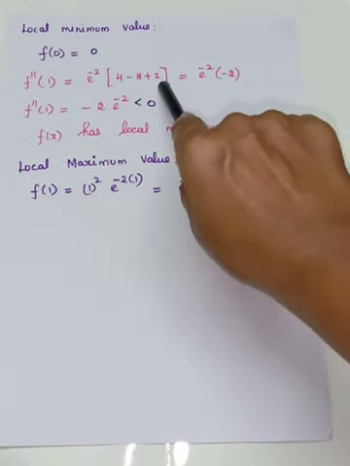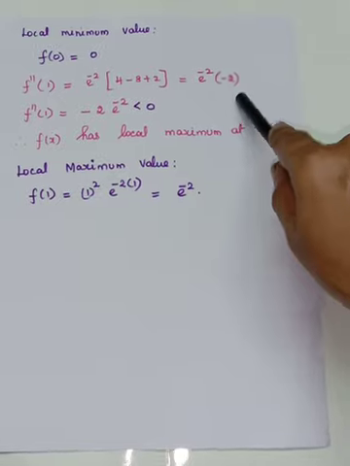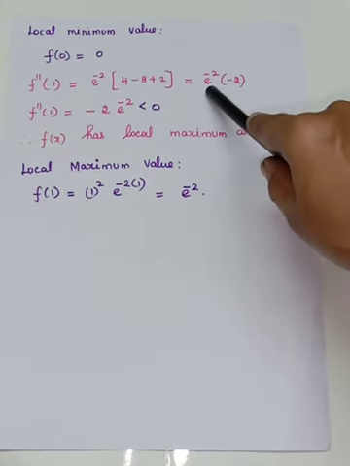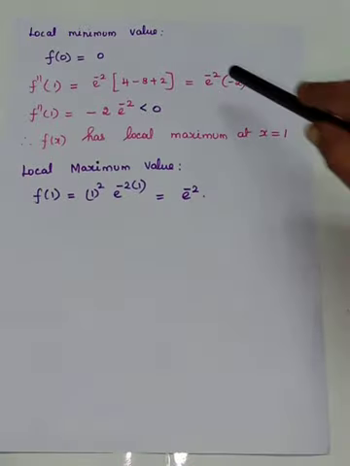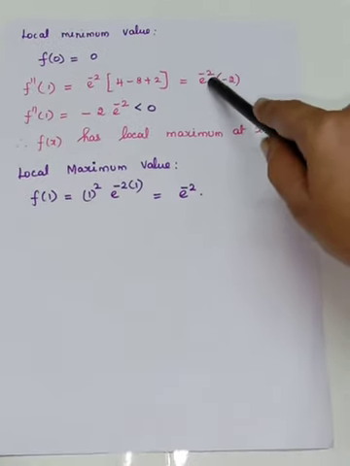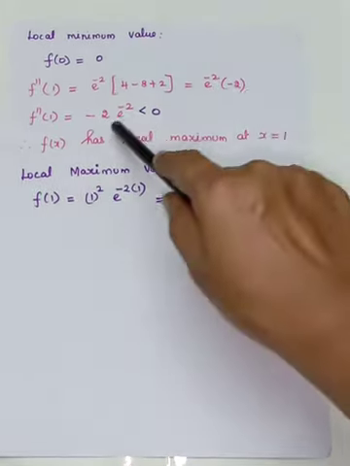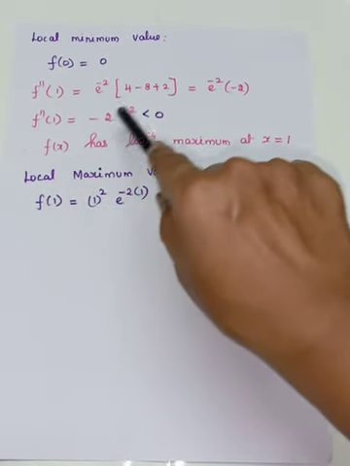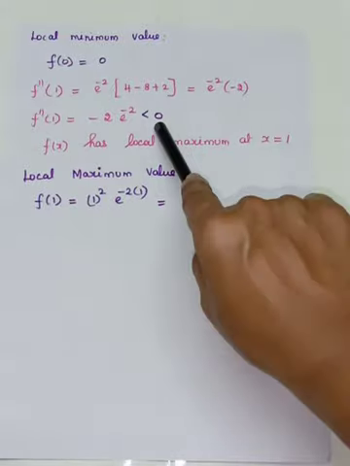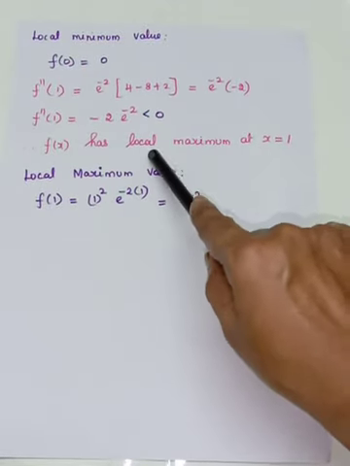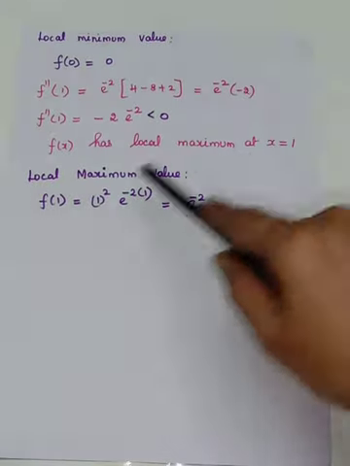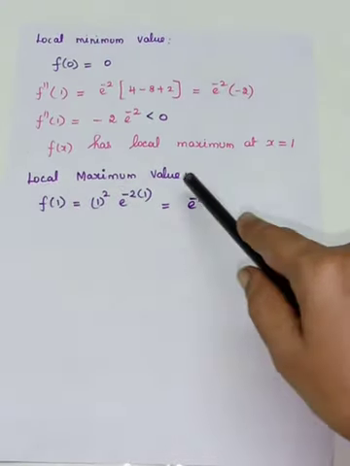What is 4 plus 2? 6. 6 minus 8 is minus 2. So this e power minus 2, it is positive. It will not be negative. So e power positive or negative, the whole term is positive. So into minus 2. Minus 2 is here, it is negative. So therefore f double dash of c is less than 0 means your function has a local maximum at x is equal to 1.